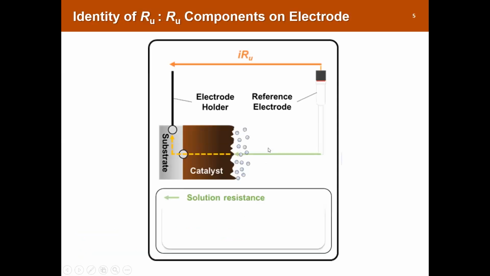Okay, and also in the first part, I explained the uncompensated resistance is mainly coming from the solution resistance between the reference and working electrode. But depending on the electrode properties, we can have additional components. And maybe you guys can guess based on this scheme.